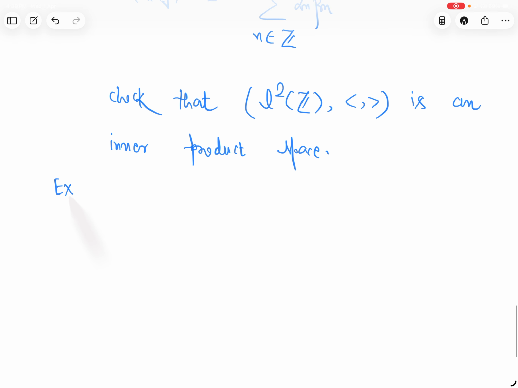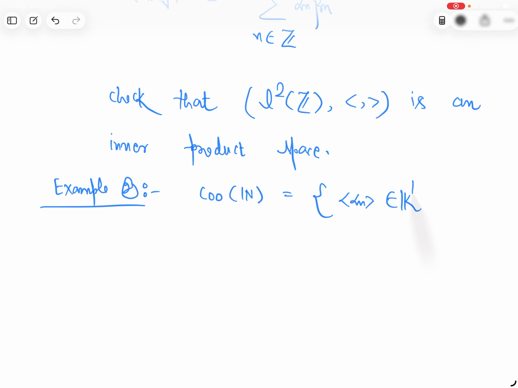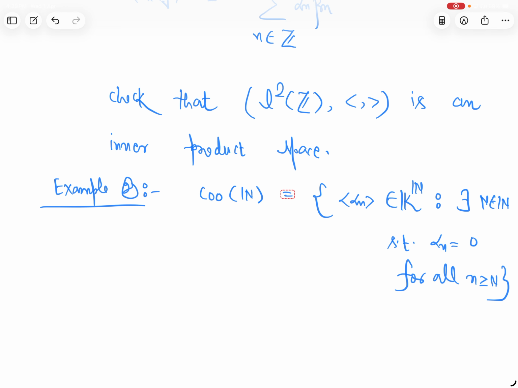Example 2. What is c00(N)? c00(N) is the set of sequences in K^N such that there exists a capital N in the natural numbers such that alpha_n is 0 for all n greater than or equal to capital N. It means after a certain stage all the terms become 0.